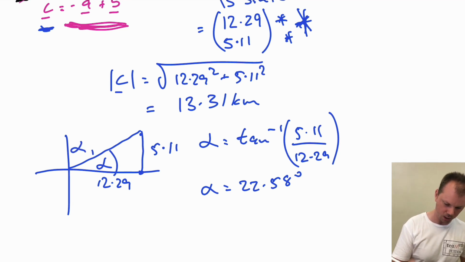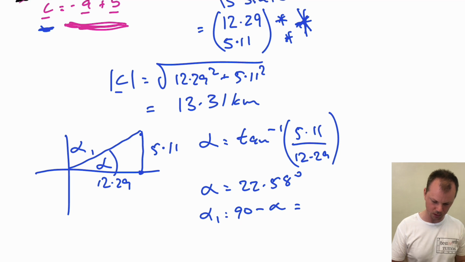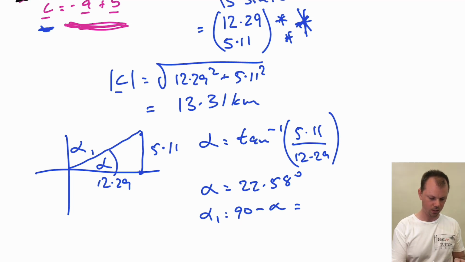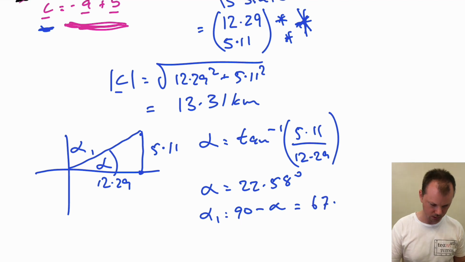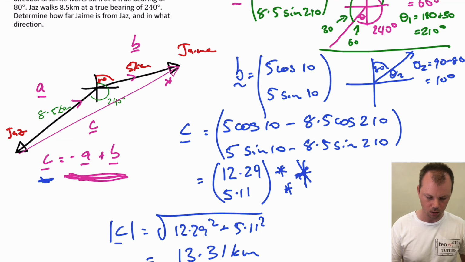This is alpha, we want the true bearing. 90 minus alpha, which is 90 minus 22.58. And we get 67.42 degrees true, which is 67 degrees true, rounding to the nearest degree. Looking back up to determine how far Jamie is from Jazz.